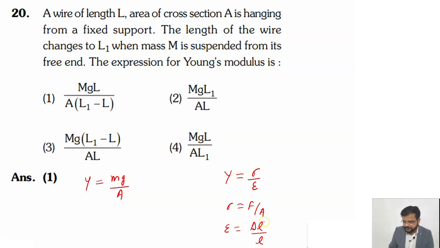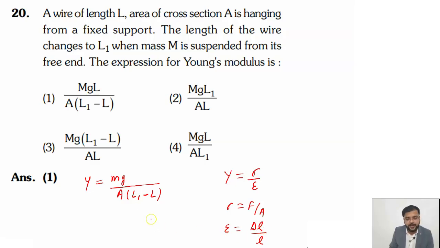After that, change in length by length. See here, the length changes to L1. So change in length, del L, can be written as L1 minus L, final length minus original length.